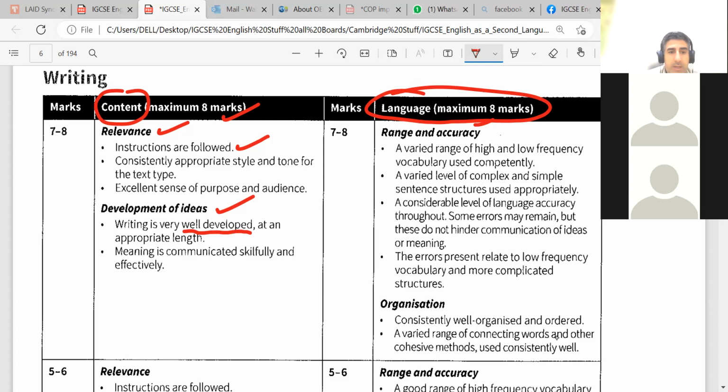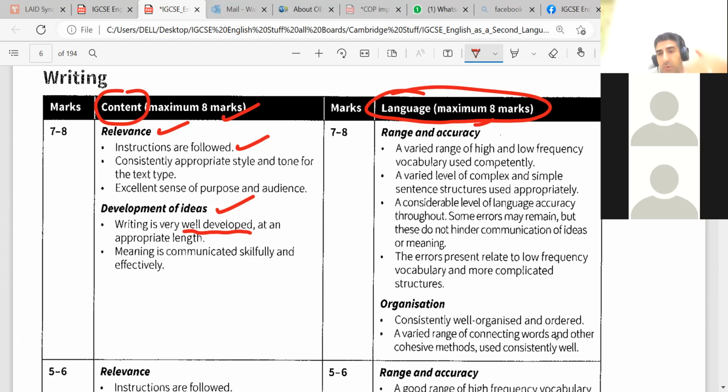For example, I love eating fruit, especially, for example, you can say banana for breakfast, or an apple late at night. So in this way, you are developing your ideas. For vegetables, you can do the same. I love eating carrots, but I don't like, for example, eating cucumber, something like that. So in this way, you are developing your ideas, right?